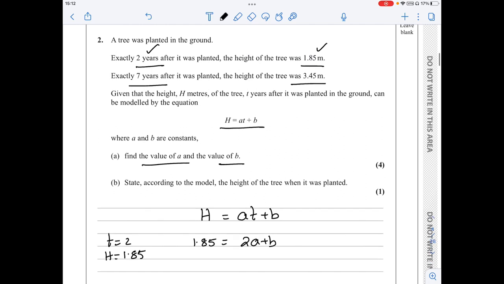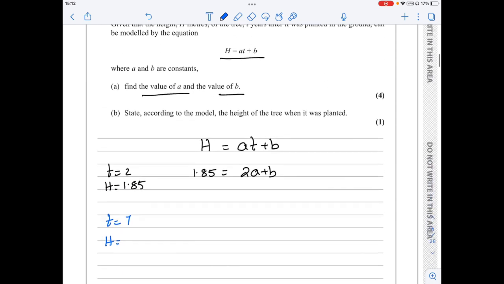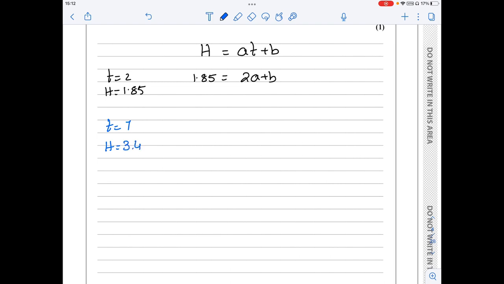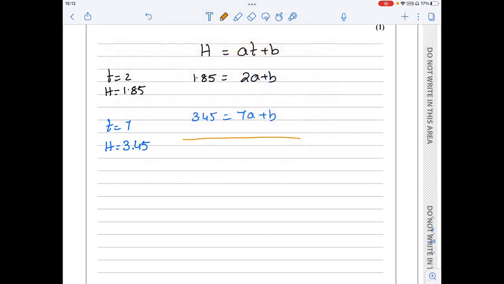Next, t equals 7, h equals 3.45. So 3.45 equals 7a plus b. Now subtract these two equations.